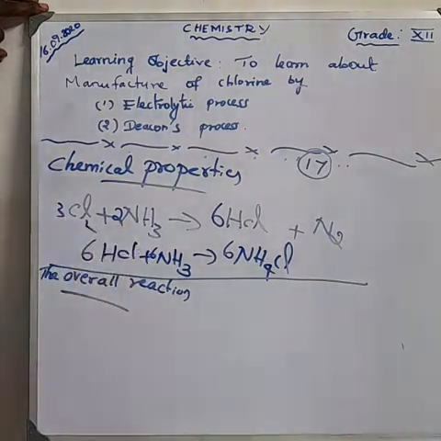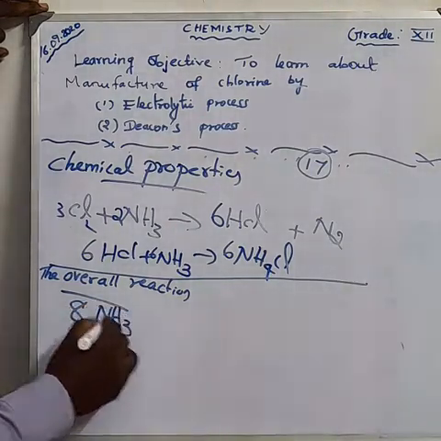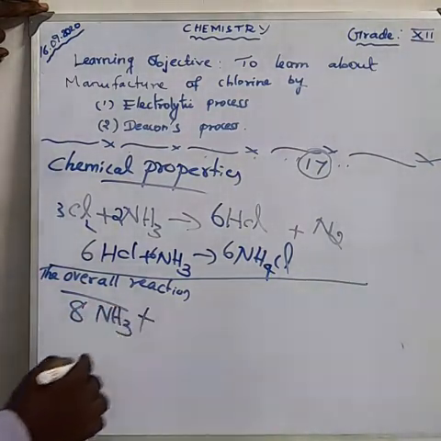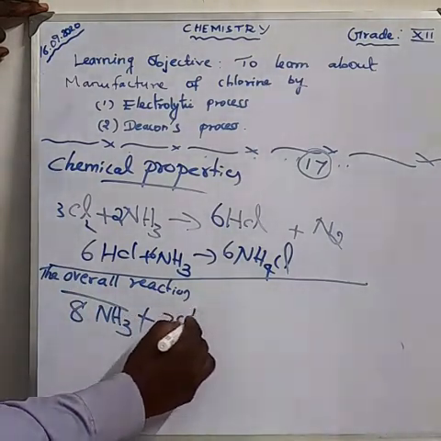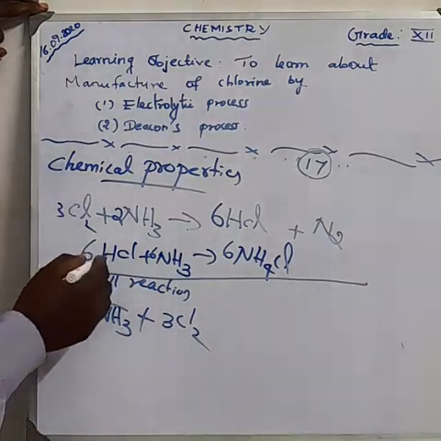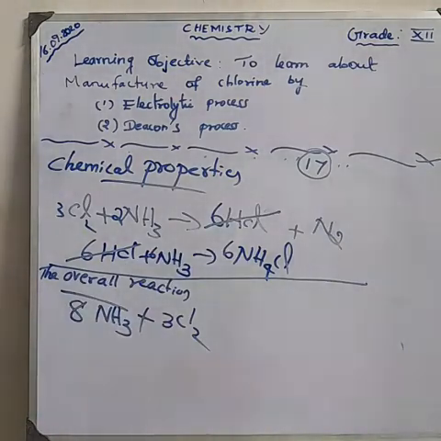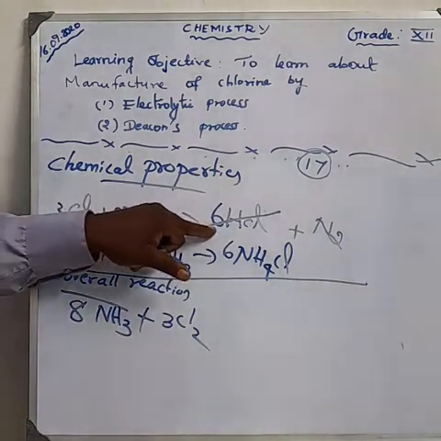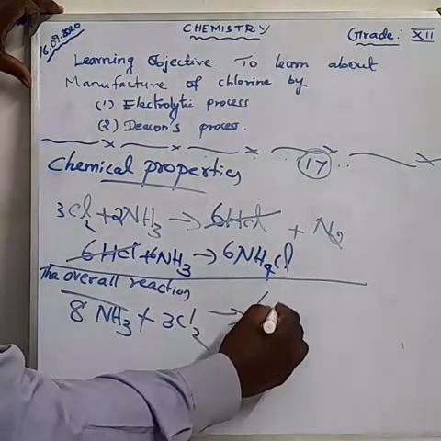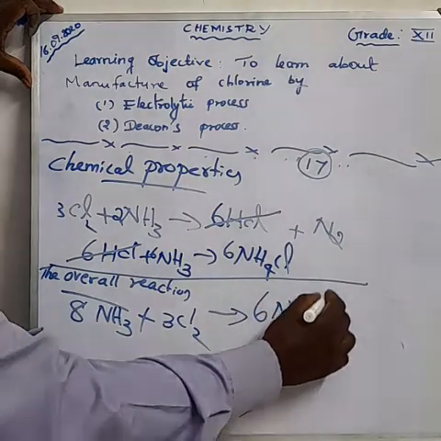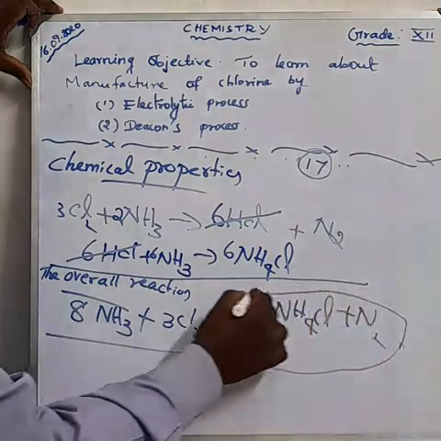So 6 plus 2, 8 moles of ammonia, plus 3 chlorine, 3Cl2. We can cancel: 6 HCl and 6 HCl we can cross out. So what is the remaining answer? It gives 6 moles of ammonium chloride plus N2. This is the overall reaction.